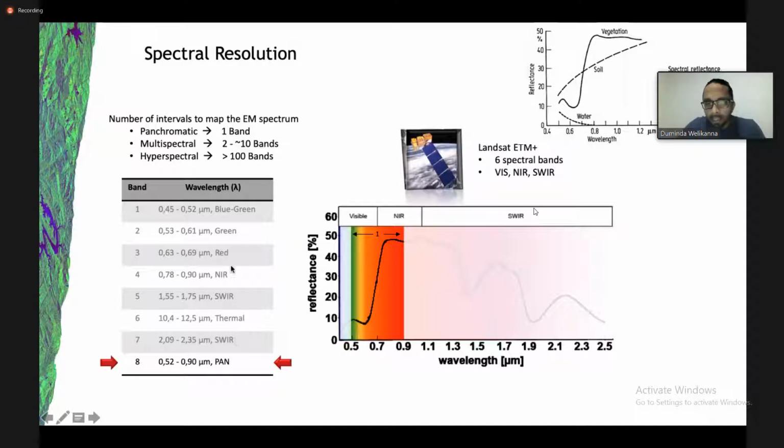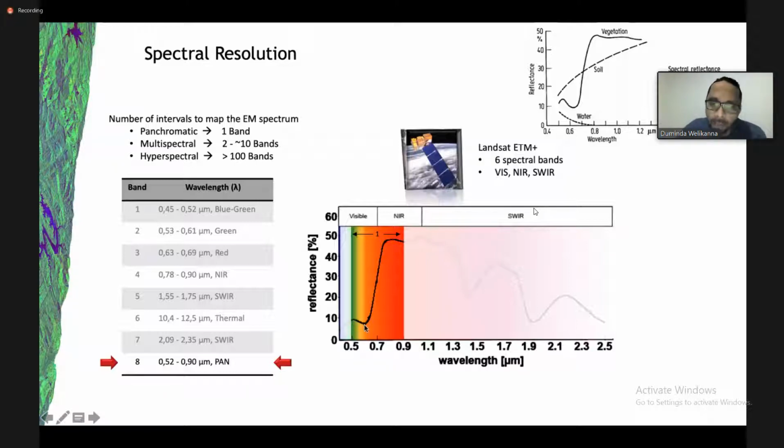So these bands will have a spatial resolution of something like 30 meter, or 60 meter in the case of thermal. And in the case of pan, it may be like 10 meter or maybe 15 meter or maybe 2 meter. Okay. So you can see the spectral region that Landsat is mapping is from the blue-green to near-infrared.